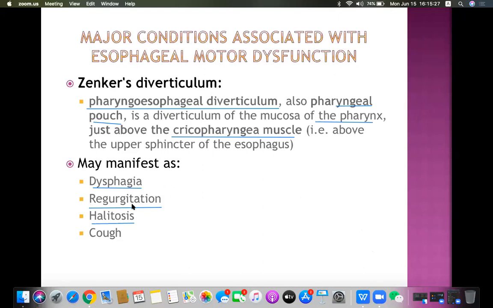This person will vomit because of regurgitation, and that vomitus contains food which the person ate yesterday, or the day before yesterday, or 1 or 2 days before, and the person will be quite surprised: this food I have not eaten today, where is it coming from? Because the food is collecting inside the Zenker's diverticulum or pharyngeal pouch. After you diagnose it, the treatment is surgery.